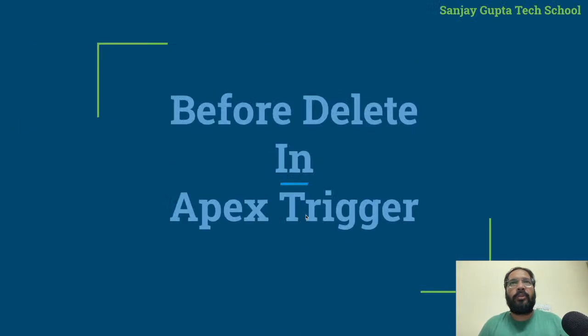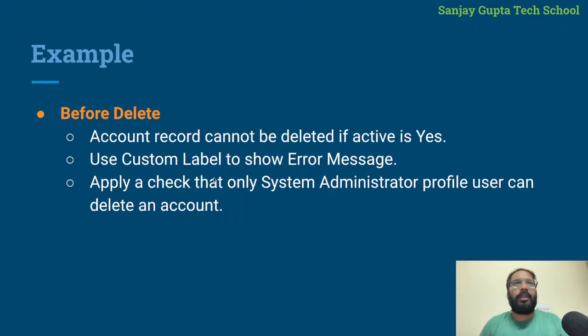Okay, so moving forward, first of all, we need to understand how before delete works in Apex Trigger. This is our 5th event. We understood how before insert works, how after insert works, then we did before update and after update. Now the 5th one is before delete.